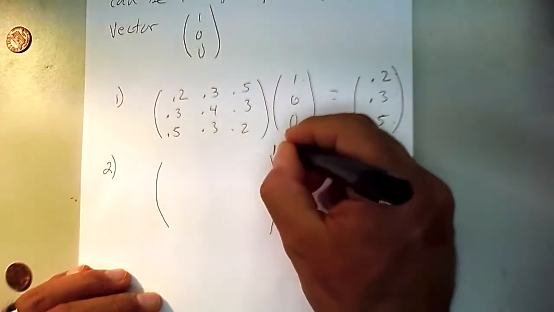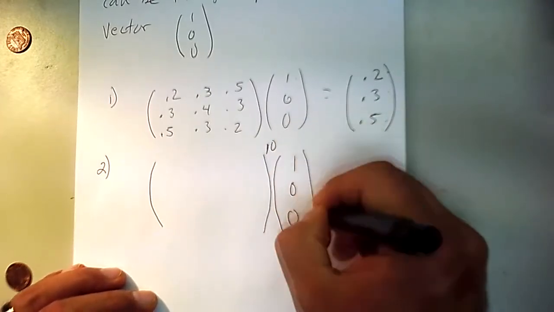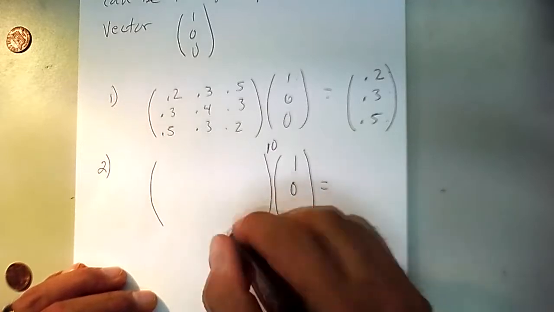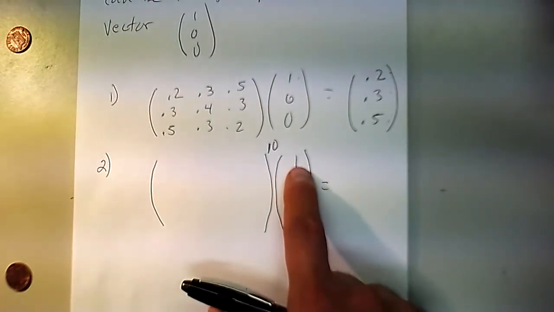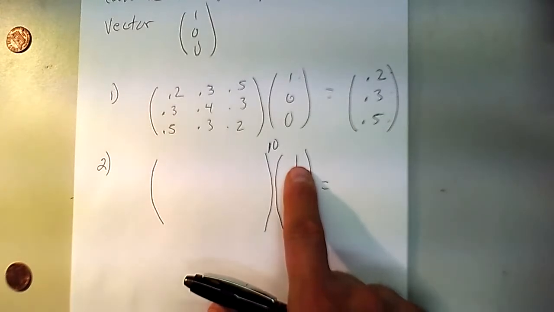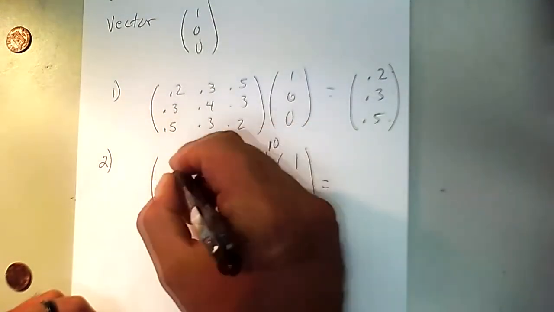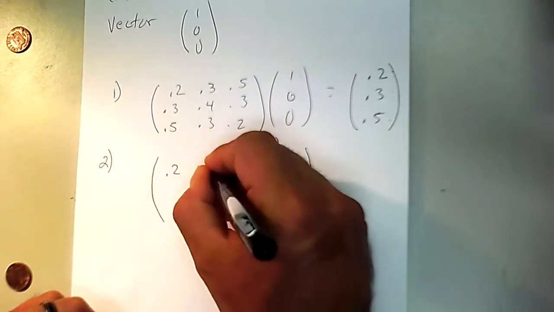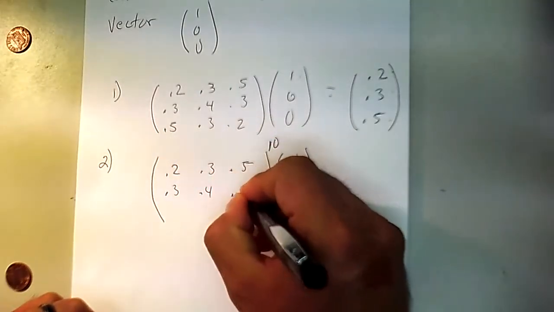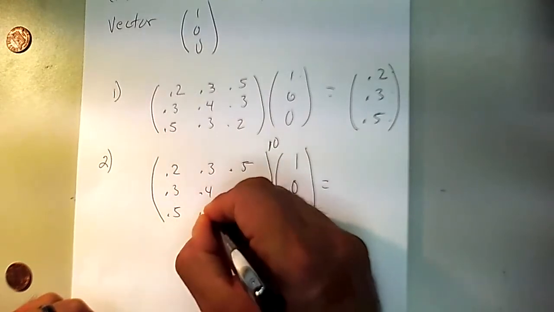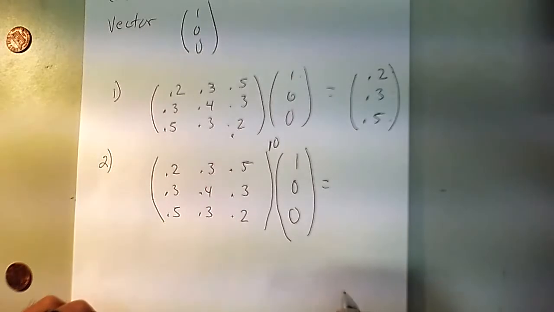So we want to take this matrix and multiply this vector, which indicates that we're starting with an individual in location P, and we're going to multiply with A, 0.2, 0.3, 0.5, 0.3, 0.4, 0.3, 0.5, 0.3, 0.2, 10 times.